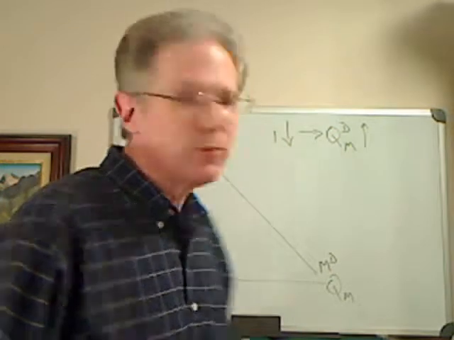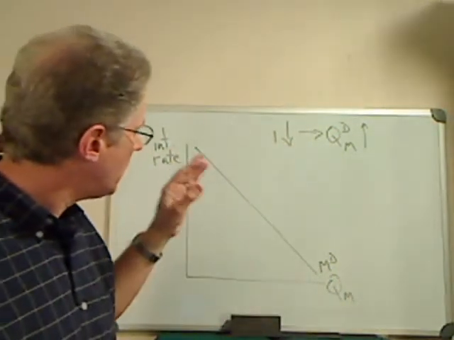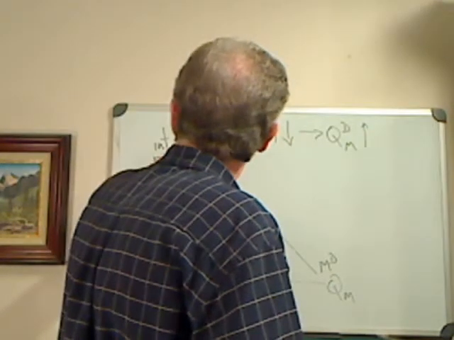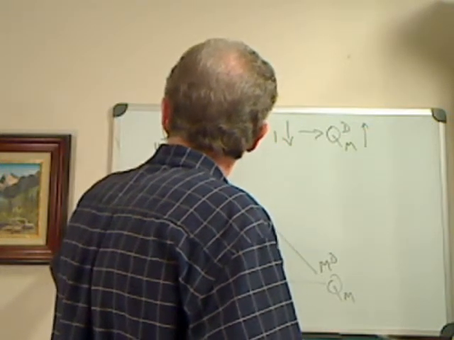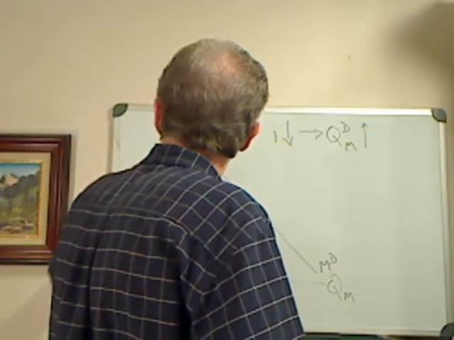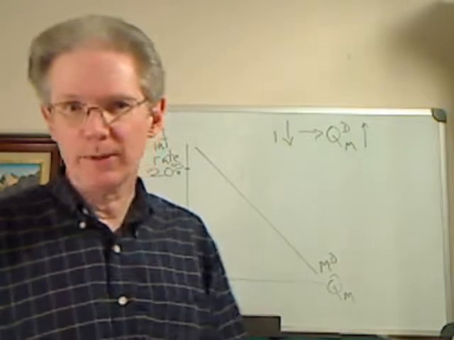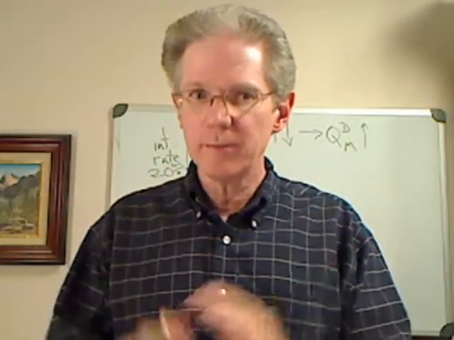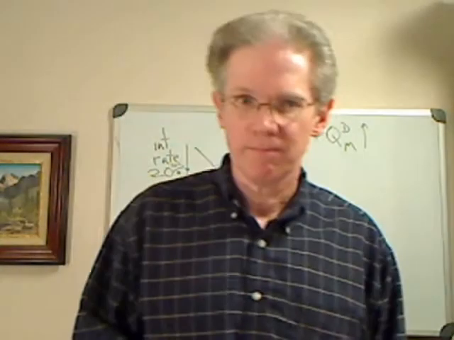Now, why do we think that's true? Well, it has to do with opportunity cost. Let's say the interest rate is 20%. Make it interesting. Think carefully here. When we say the interest rate is 20% and we're thinking in terms of the liquidity preference framework, which interest rate is 20%?